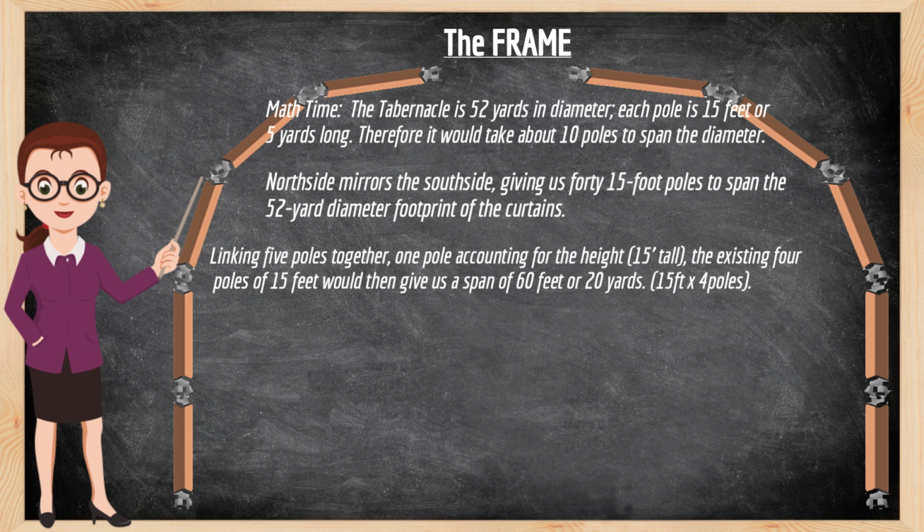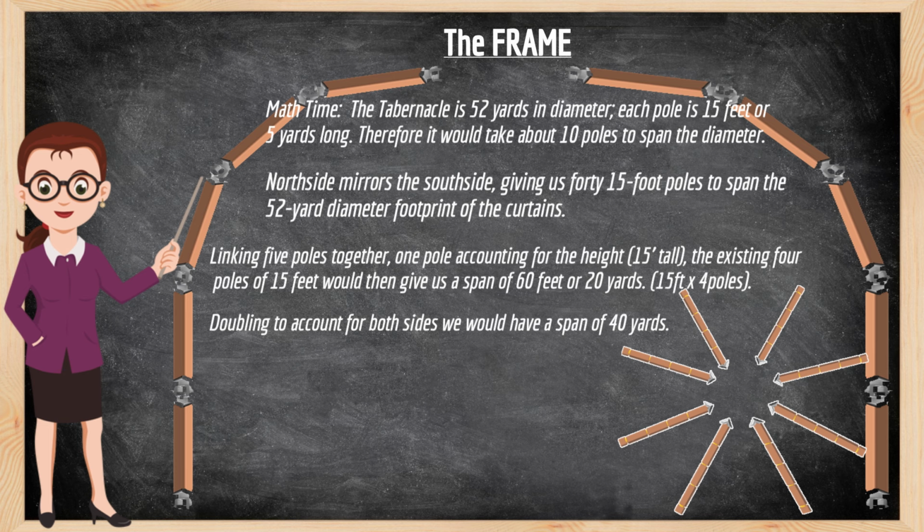When we link 5 poles together, one pole accounting for the height of the wall, so a 15-foot tall height for the wall, the existing 4 poles of 15 feet would then give us a span of 60 feet, or 20 yards. So doubling to account for both sides, we would have a span of about 40 yards, leaving us a bit short for the 52-yard span of the tent's circumference by about 12 yards, or 144 feet.